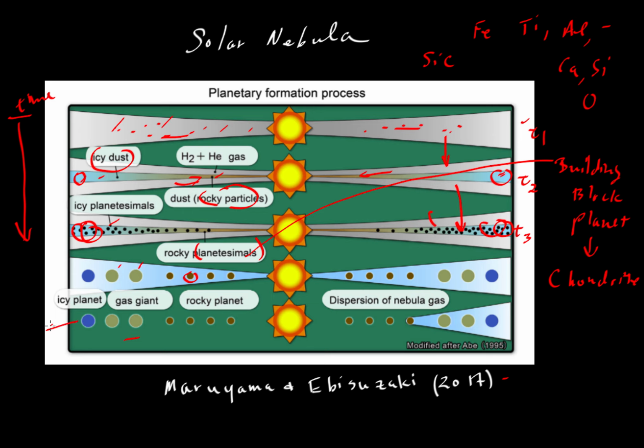If we go even further out, we'll just end here talking about something called the Kuiper belt. The Kuiper belt is a belt of very cold gas and dust. It would be the icy planetesimals that formed out here, but there wasn't enough mutual gravitational attraction to cause them to form very large planets.